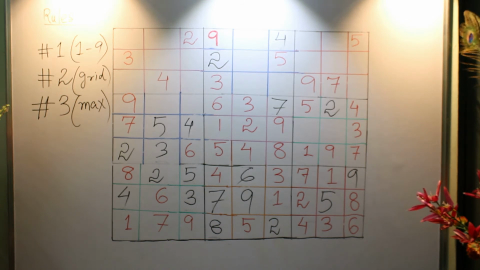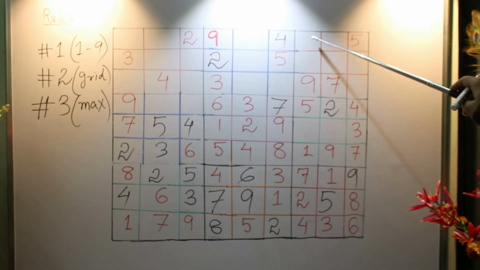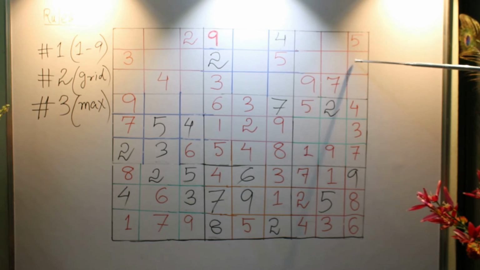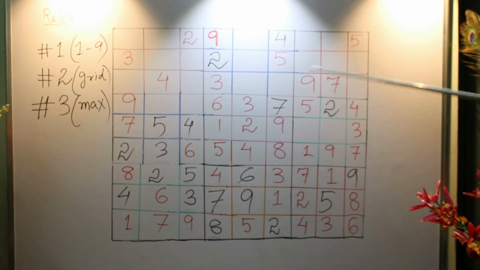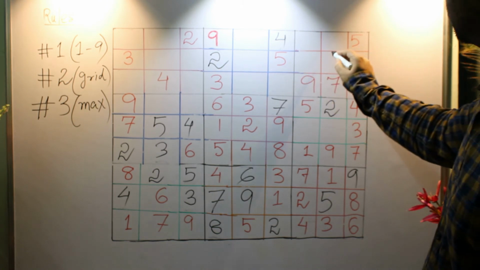Let's solve with other grids, columns and rows. Now for this grid we cannot place 4 here because of this 4, we cannot place 4 here because of this 4, we cannot place 4 here because of this 4, so the only place left for 4 is this.